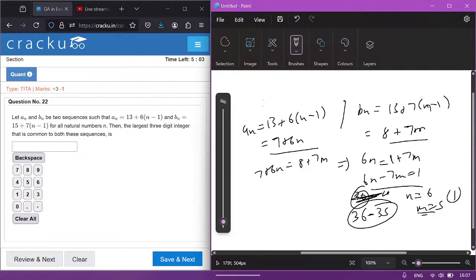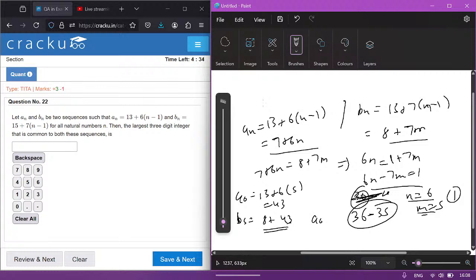So if n is 6, a6 will be 13 plus 6 into 5, which is 43, and b5 would be 8 plus 7 into 5, 35, which is 43.